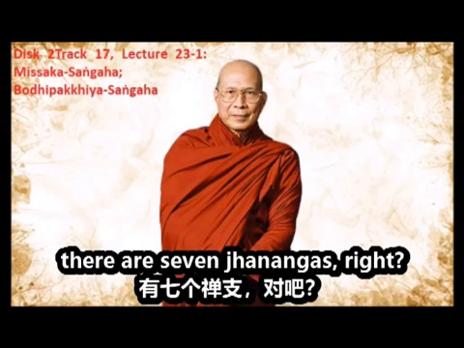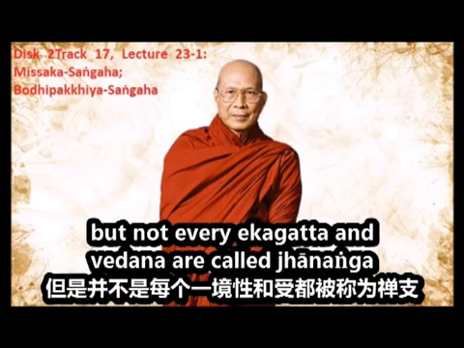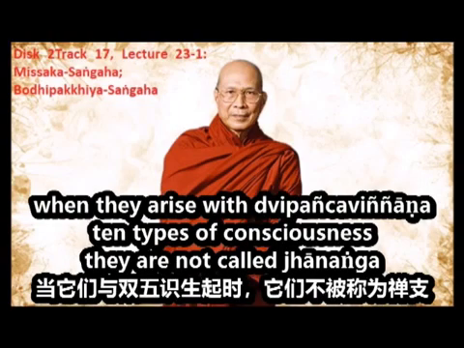So, there are 7 jhanangas, right? Among them there are ekagata and vedana. But not every ekagata and vedana are called jhananga. When they arise with pancha vijnana, 10 types of consciousness, they are not called jhananga.